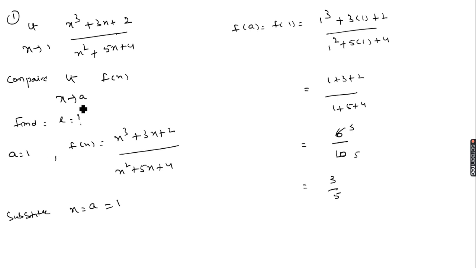So a is equal to 1, and f of x is x cubed plus 3x plus 2 by x square plus 5x plus 4. We substitute x is equal to a, where a is equal to 1, that is f of 1. So we get 3 by 5.